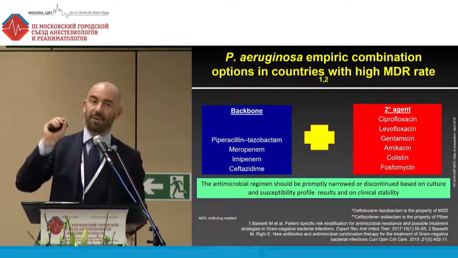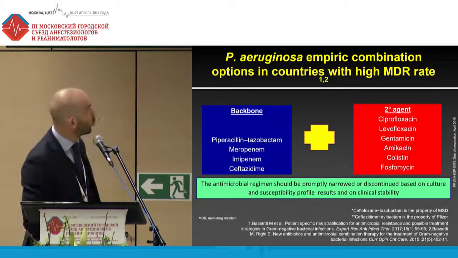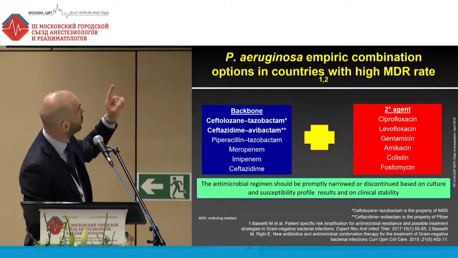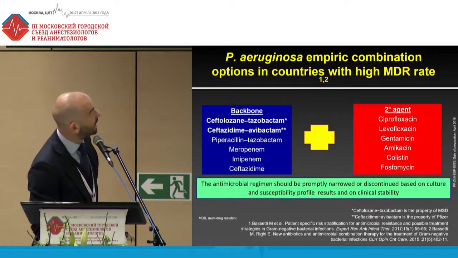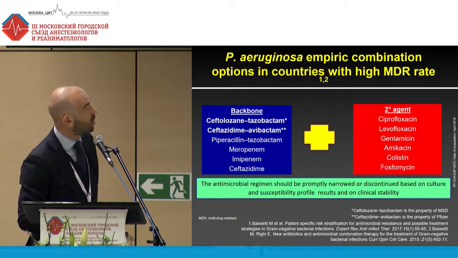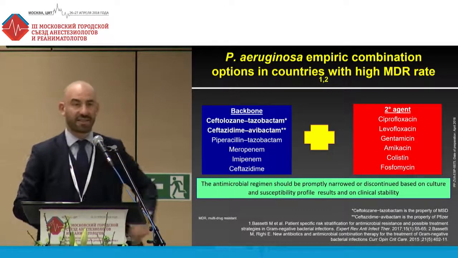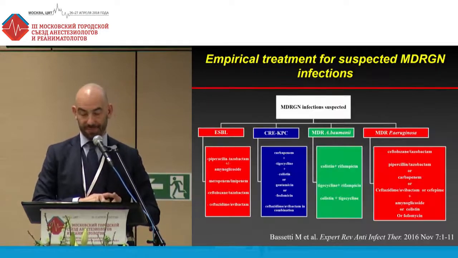In order to prescribe an empiric drug targeting Pseudomonas, you can have pip-tazo, meropenem, imipenem, but now we have also ceftazidime-avibactam that needs to be combined with a second agent based on your local epidemiology: cipro, levo, genta, amikacin, colistin, fosfomycin, depending on the resistance rate to these drugs.